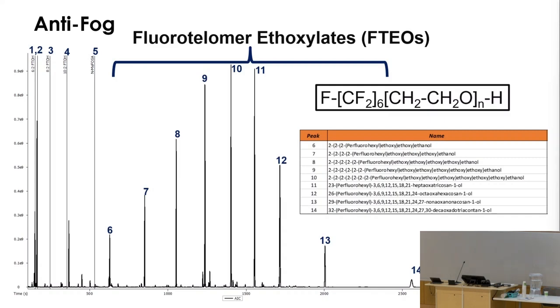I annotated them as polyfluorotelomer ethoxylates, as shown in the table. So that demonstrates the power, of course, of high resolution time of flight mass spec. I didn't have to use GC by GC, not yet.